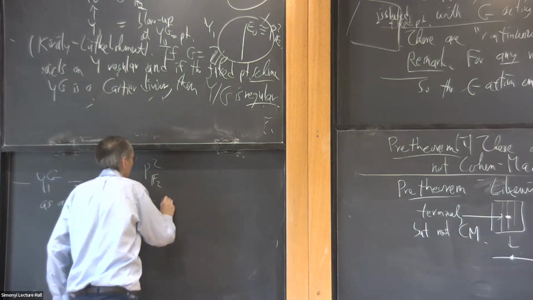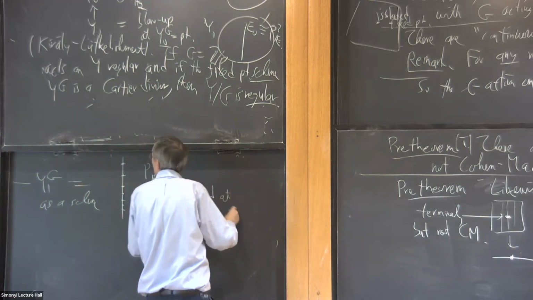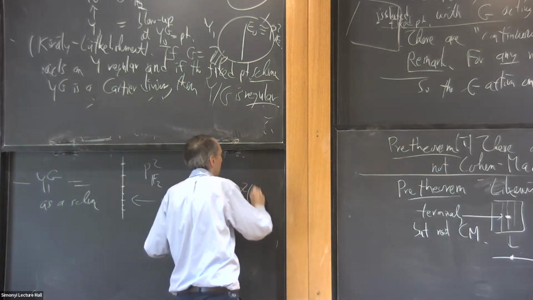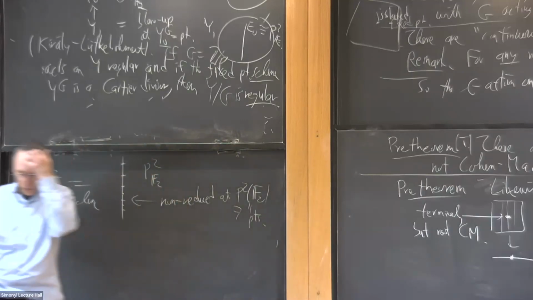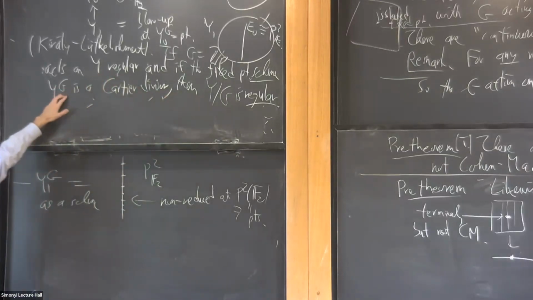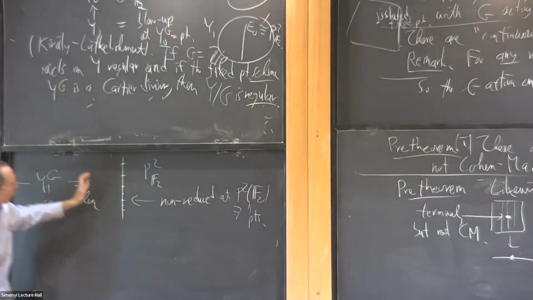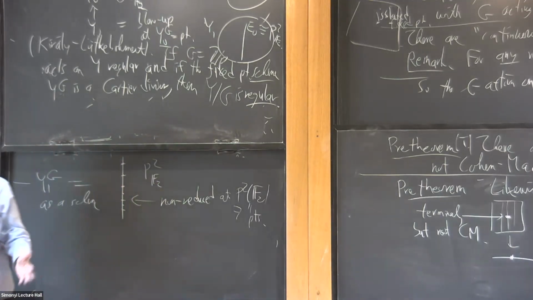So when you take the quotient, this theorem is probably almost if and only if, you get a threefold with 7 singular points.